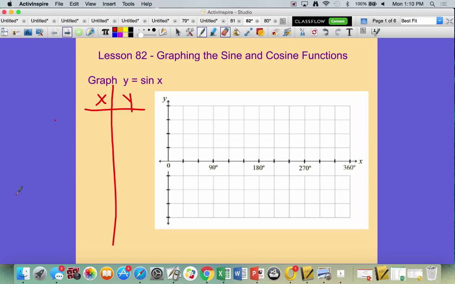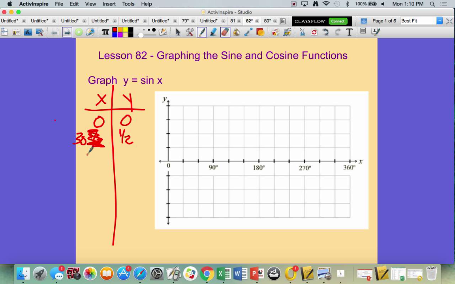So if you want to grab that calculator and start plugging in some points, if I plugged in 0 for x, I would get 0 for y. If I plugged in a 30 for x, I'd get a 1/2 for y.